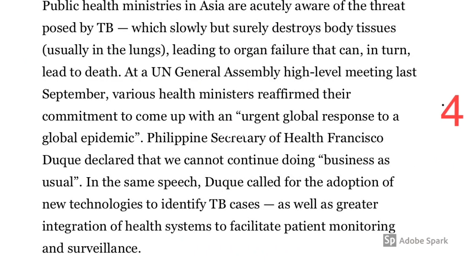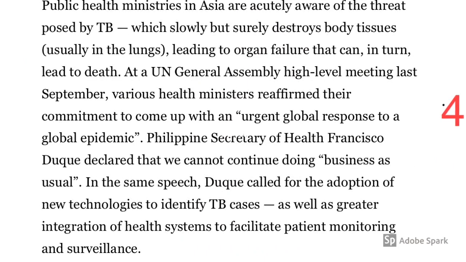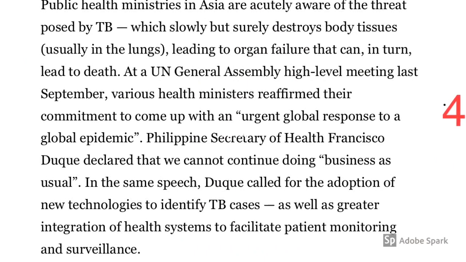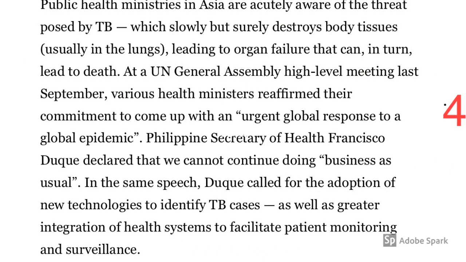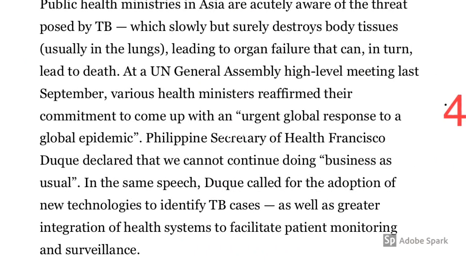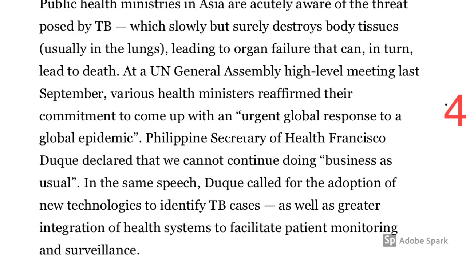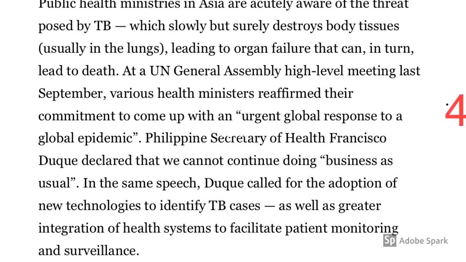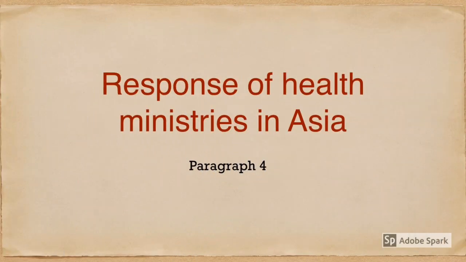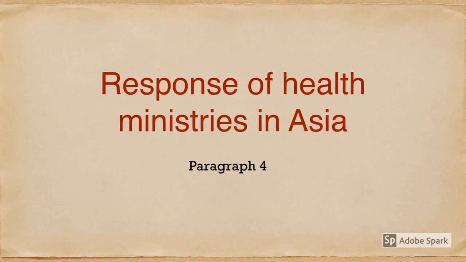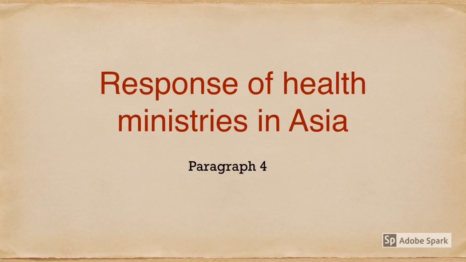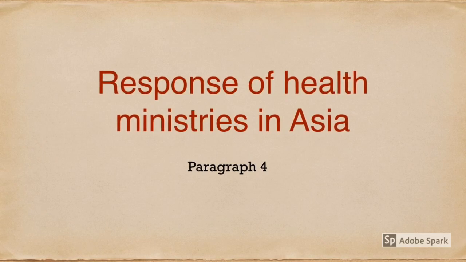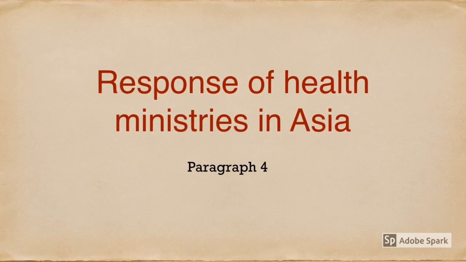It makes use of quotations and cites individuals who matter, the movers and shakers in these various world bodies and countries, who have spelled out what needs to be done to control TB. In short, if we look at all the sentences in paragraph 4, we can say that the paragraph point of this paragraph is the response of health ministries in Asia.